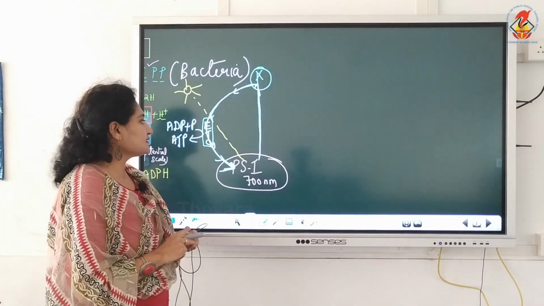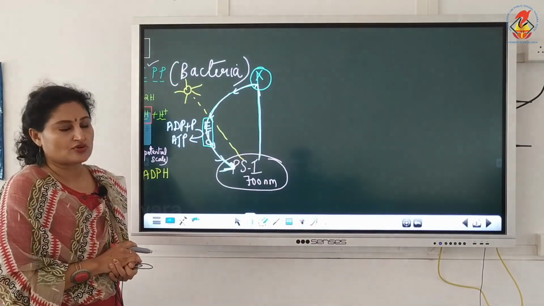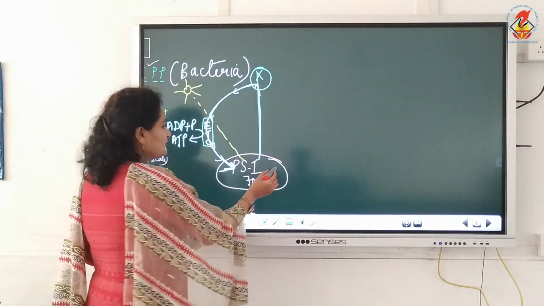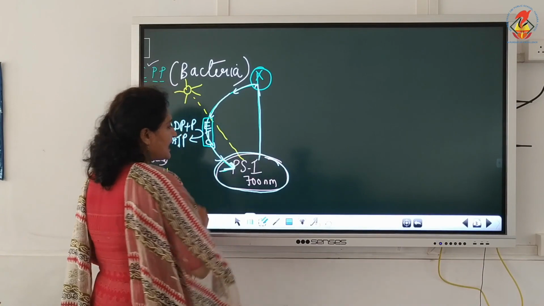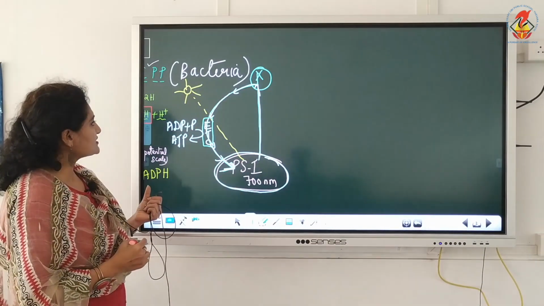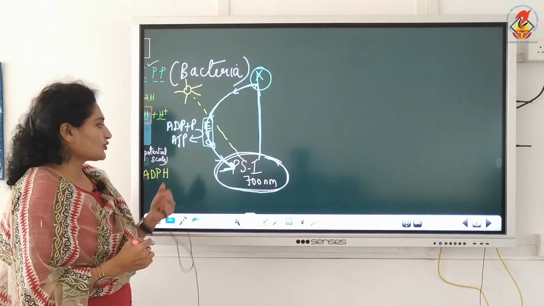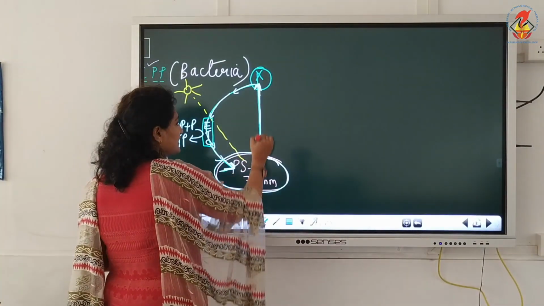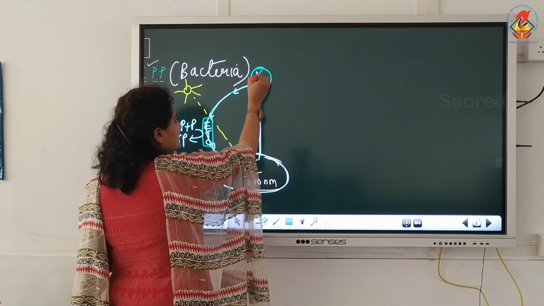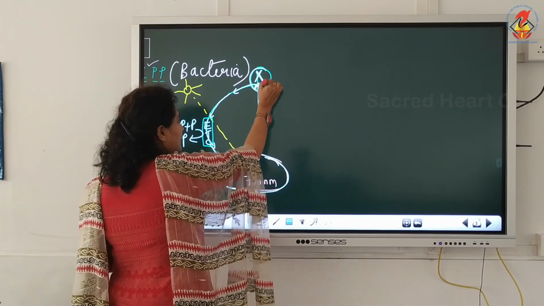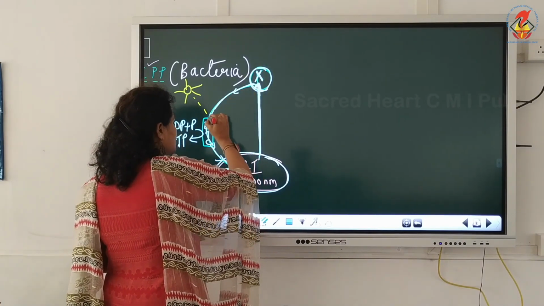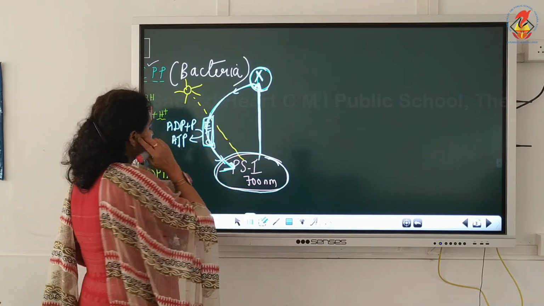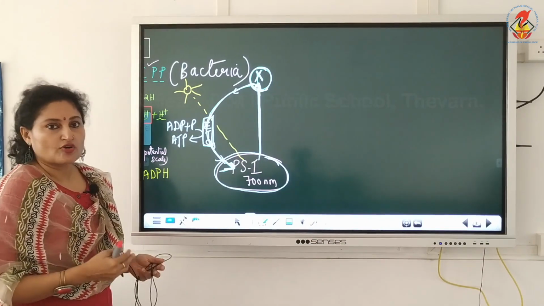There are no other systems involved. Photosystem 2 is not involved. So, this is very simple. Once again, only photosystem 1 is involved, and as usual, when the sun's light illuminates the photosystem 1, an electron is excited, emitted, and is accepted by an electron acceptor, and from the electron acceptor it passes through the electron transport chain, and when the electron passes through the electron transport chain, phosphorylation occurs.